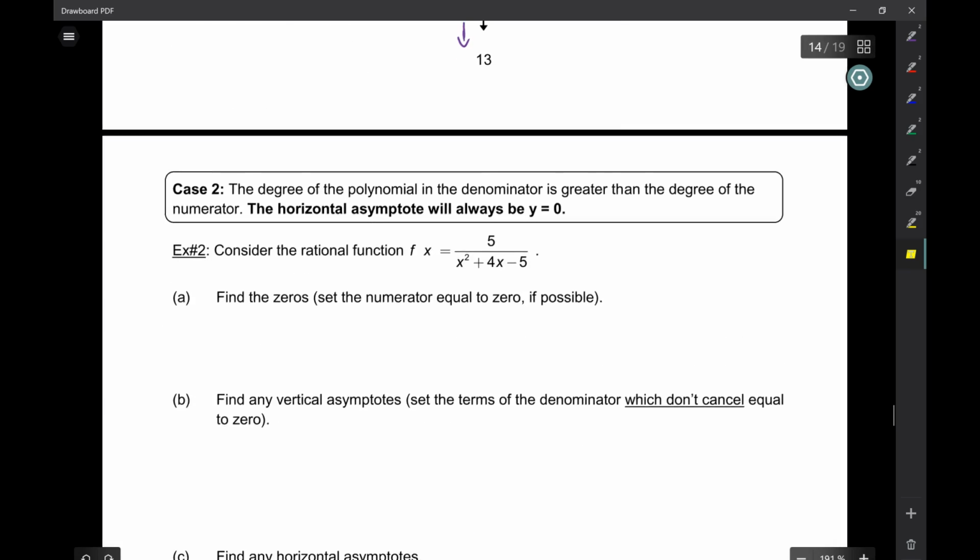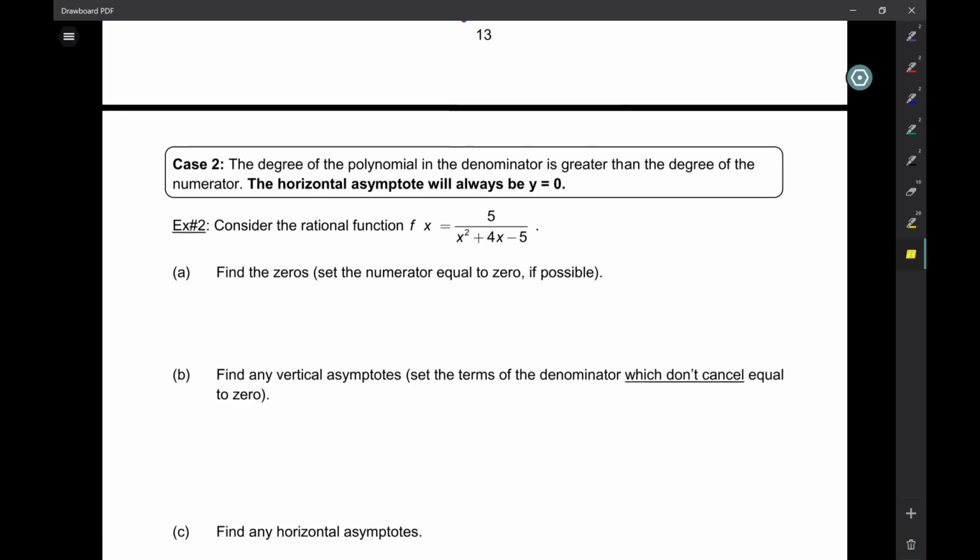All right, so let's look at case two. This is where the degree in the denominator is greater than the degree of the numerator. In this case, the horizontal asymptote is always y equals 0. That's it. It's just as simple as that.